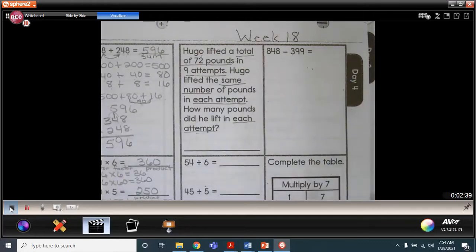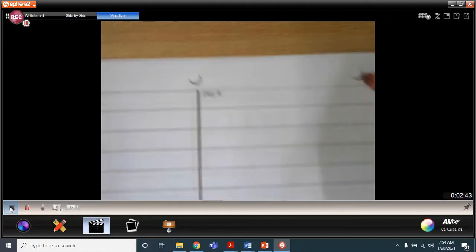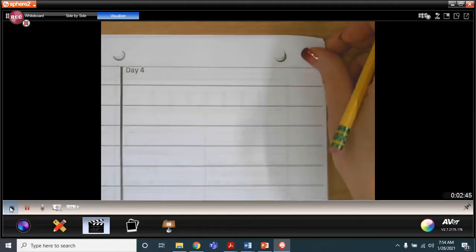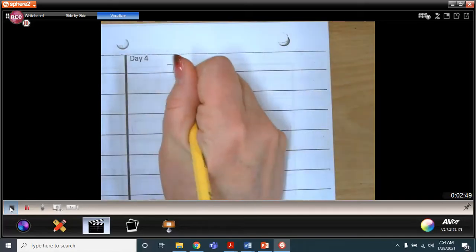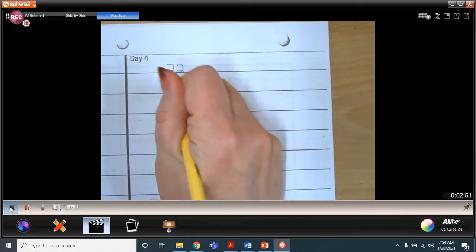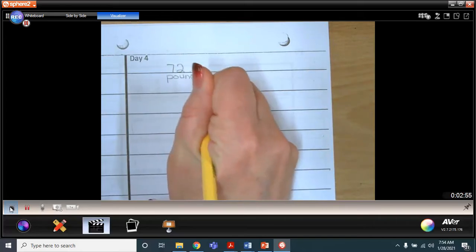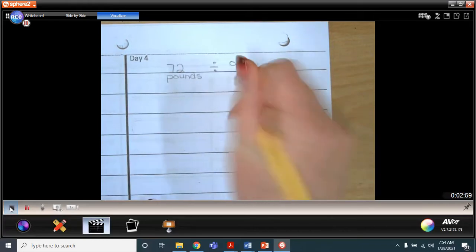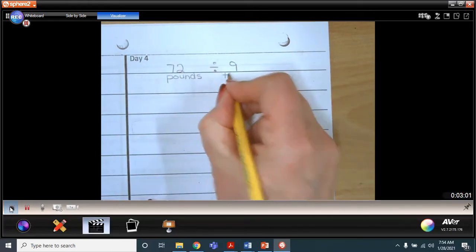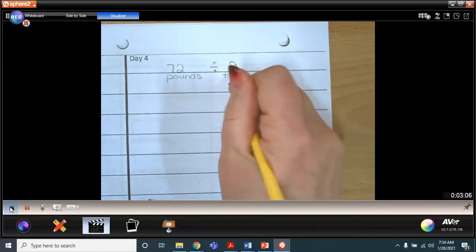So I'm going to go ahead and turn to the back of my paper here. And this is day 4. So we know that Hugo has lifted 72 pounds total. And the attempts or the tries are how many times he's lifting the same amount of weight.